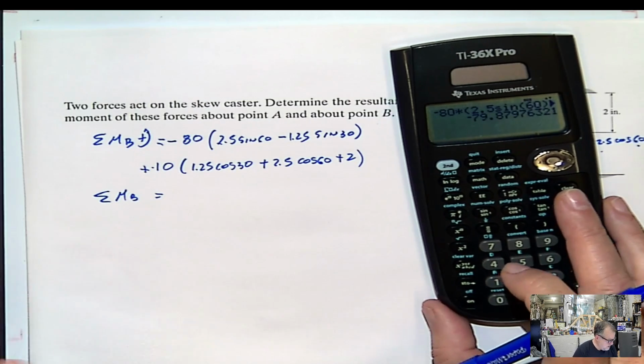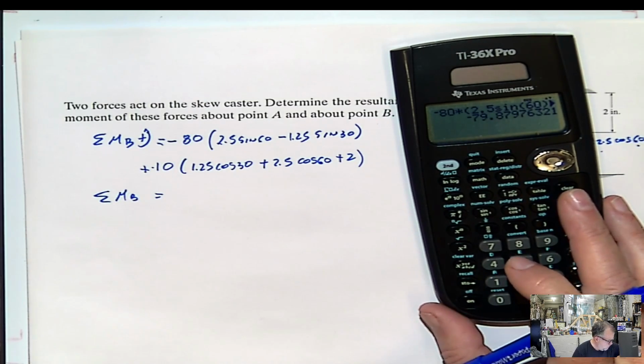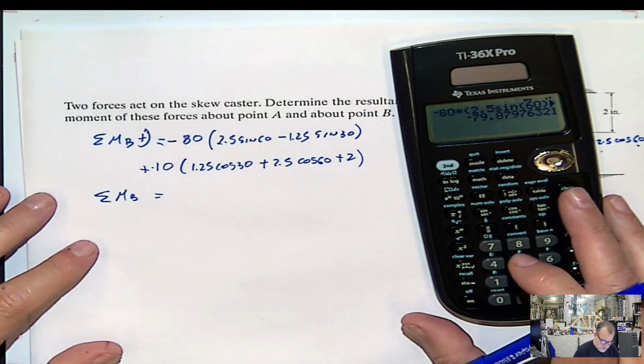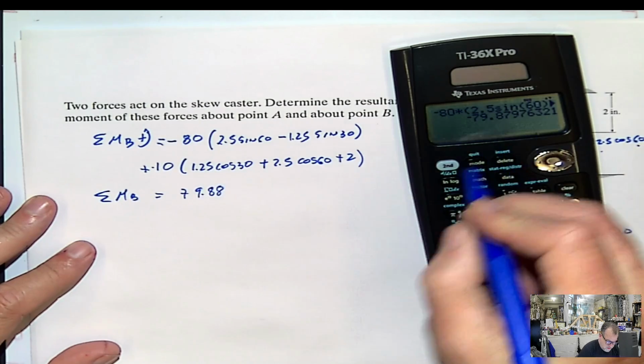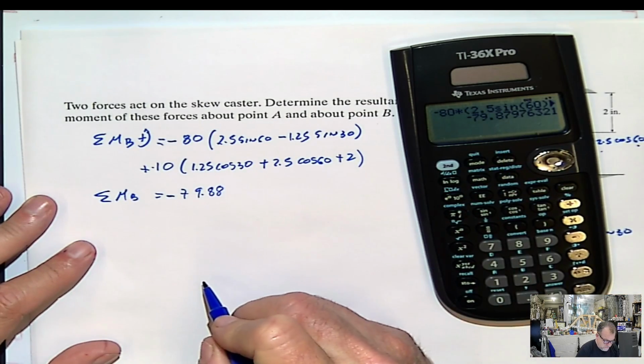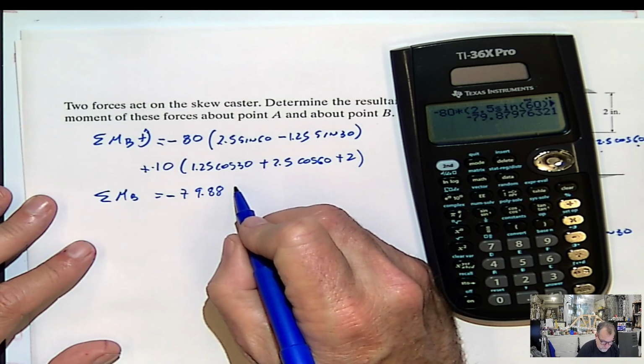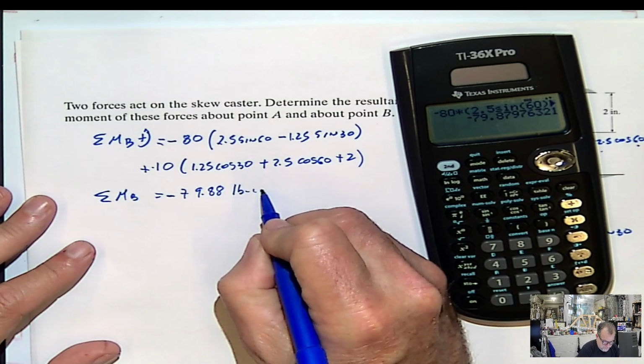And that will be negative 79.88. 79.88, but it comes as negative. Same amount, I mean pounds inch.